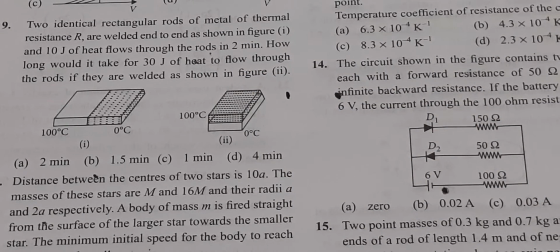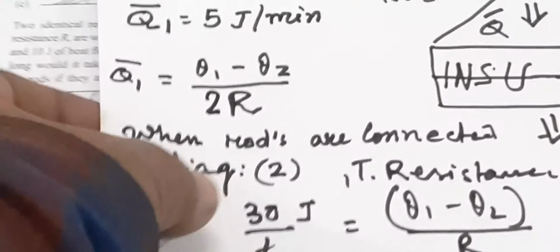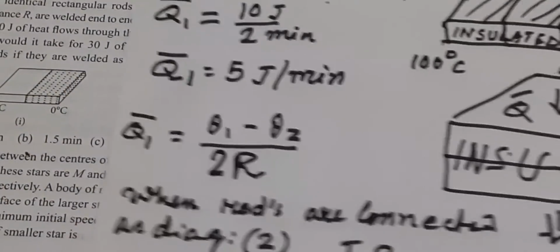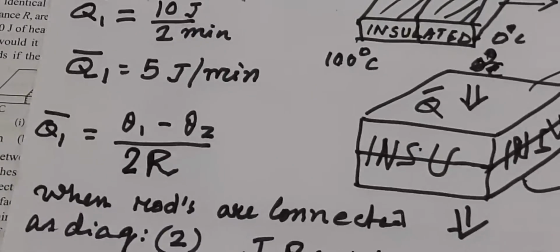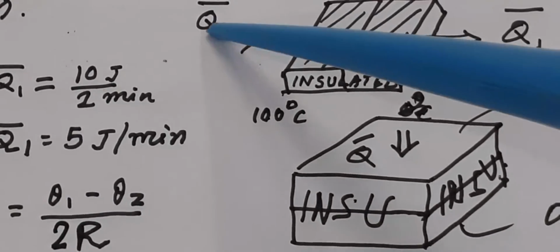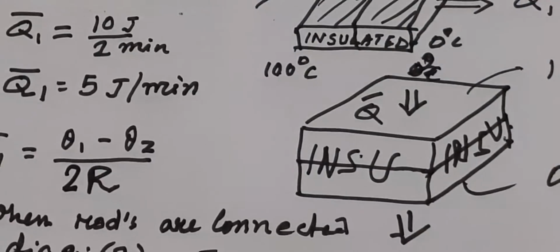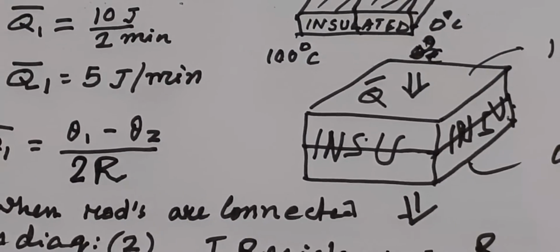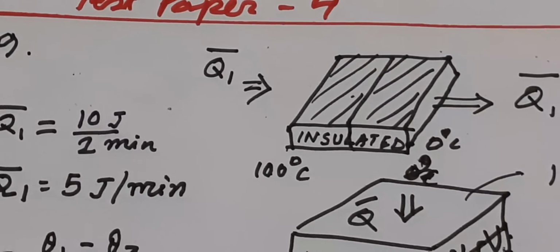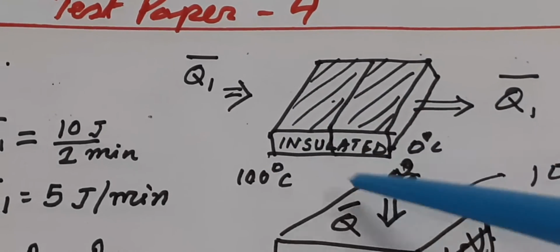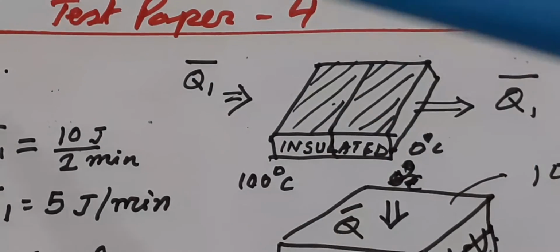Now we can do it by a simple approach. Q1 will be 10 joules divided by 2 minutes, that means 5 joules per minute will be the rate of flow when it is connected in series. Here all other surfaces are insulated.